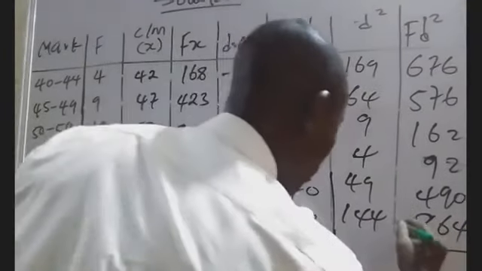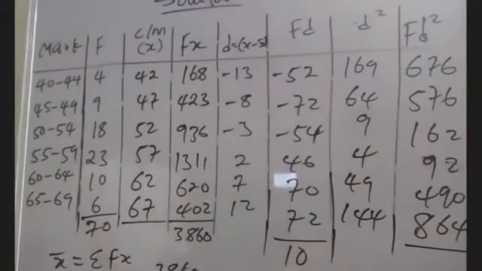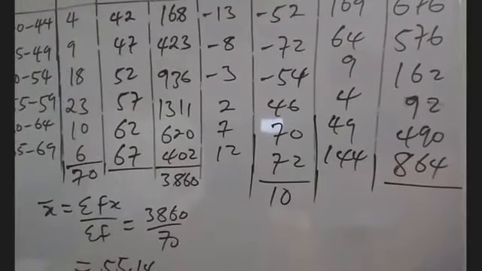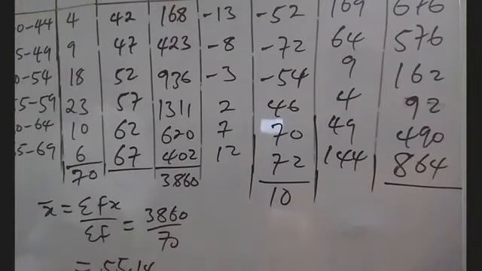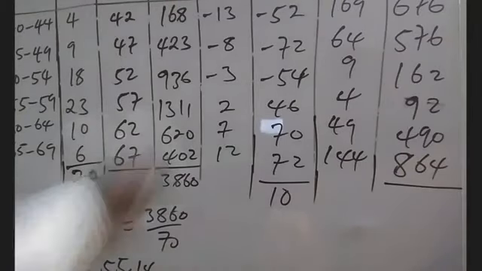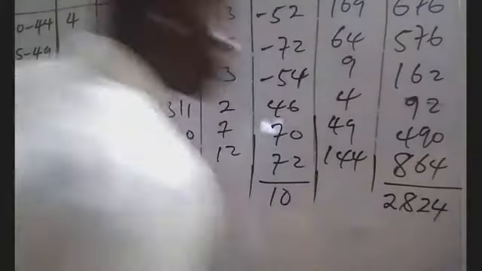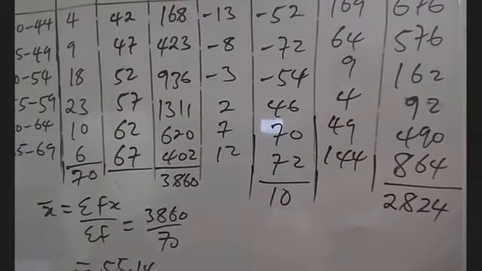And the sum of fd squared, frequency times deviation times deviation, is 2824. So now, for us to get the standard deviation, we use a formula.